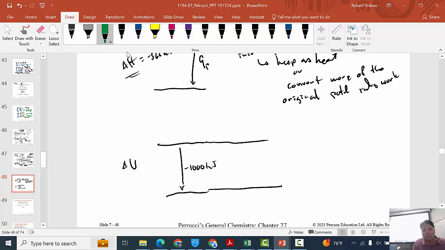And let's say we had to do this much work, constant pressure. Then the amount of heat after I'm subtracting out that work will be this. So this will be QP here. And if we do this under the restrictions, then QP is the same thing as delta H.